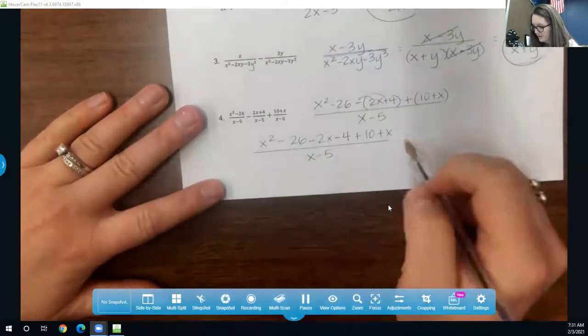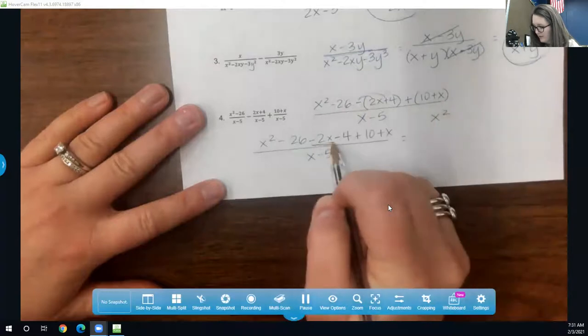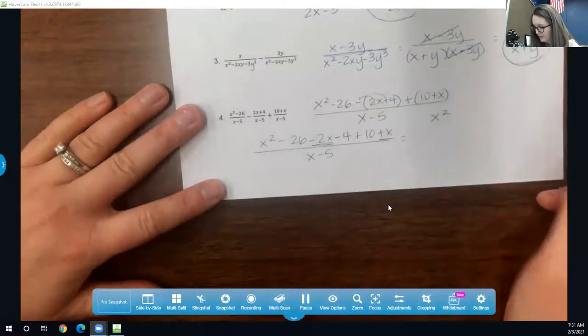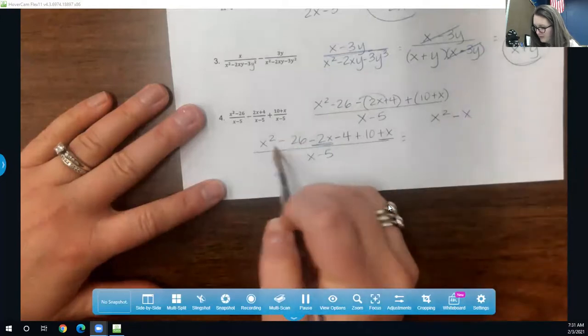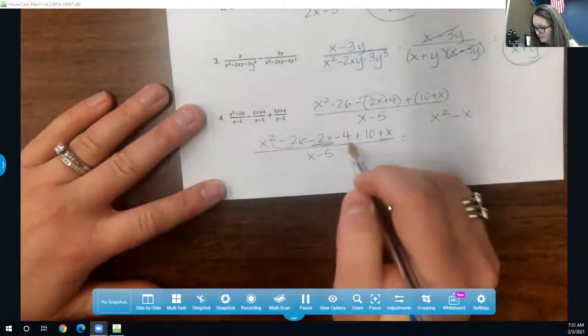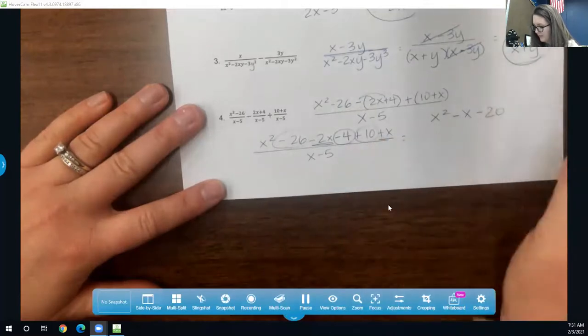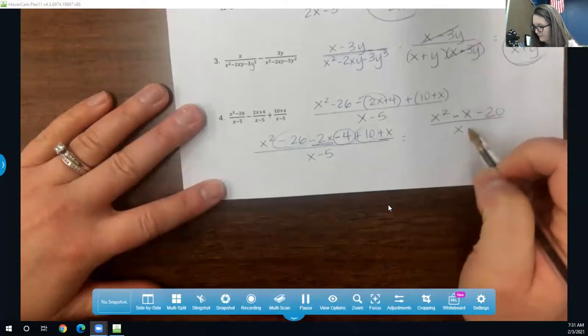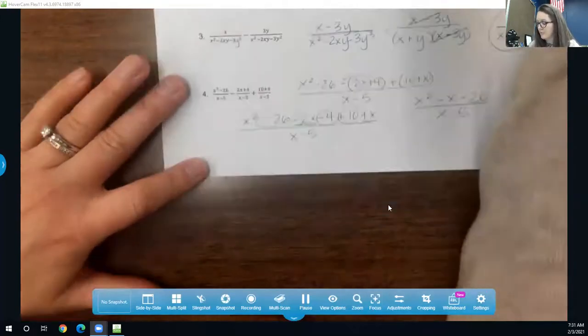Okay, so let's combine our like terms here. X squared, I have a negative 2x and a positive 2x, so that's a negative x. And then I have a negative 26 minus 4 is negative 30, plus 10 is negative 20. I wonder if we can factor. So just like up here, let's see if we can factor our numerator.